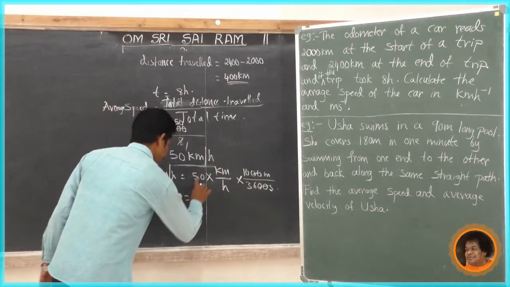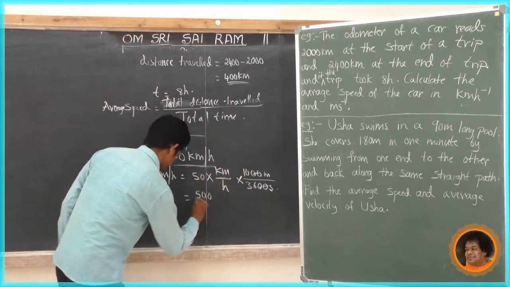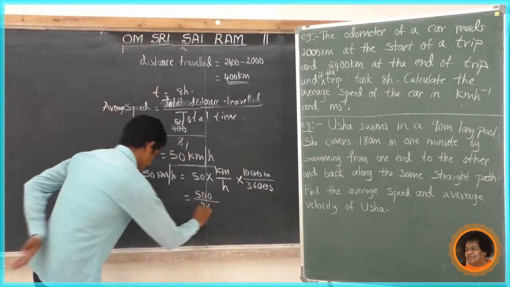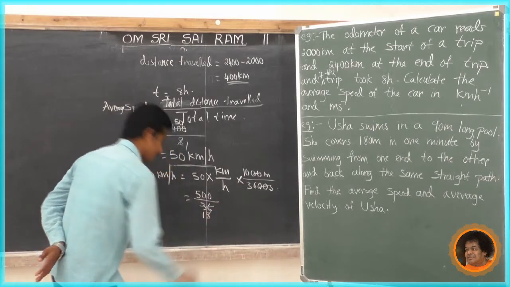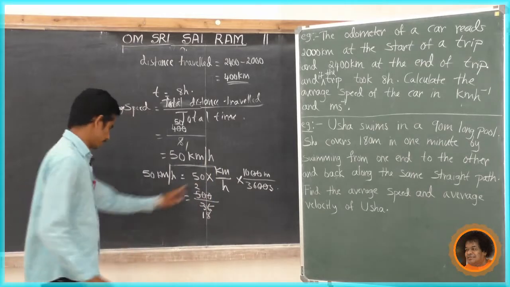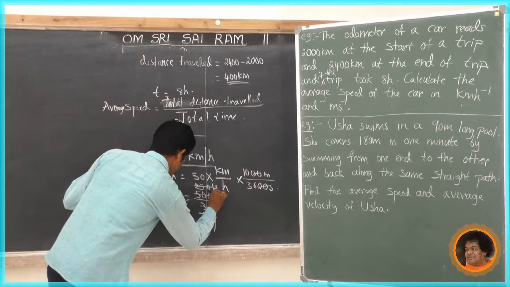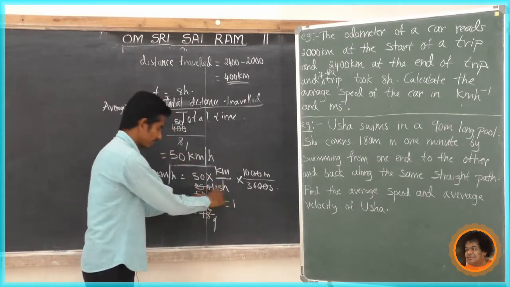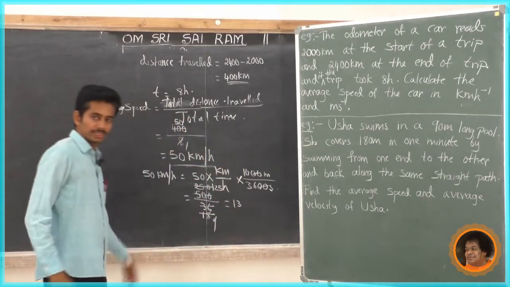After that, 50 into 10 is 500. So 500 divided by 36. 2 eights are 16, 2 twos are 4, then 0. 9 ones are 9, 3 is left, 35. 9 threes are 27, 8 is left.